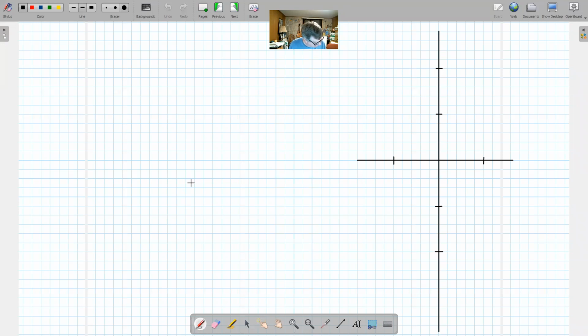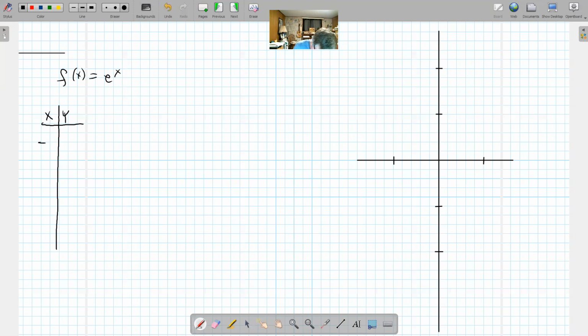And what I want to look at is f of x equals e to the x power. Now, keep in mind, e is slightly less than 3. It's approximately 2.7. So let's make a table and let's see what that graph would look like.